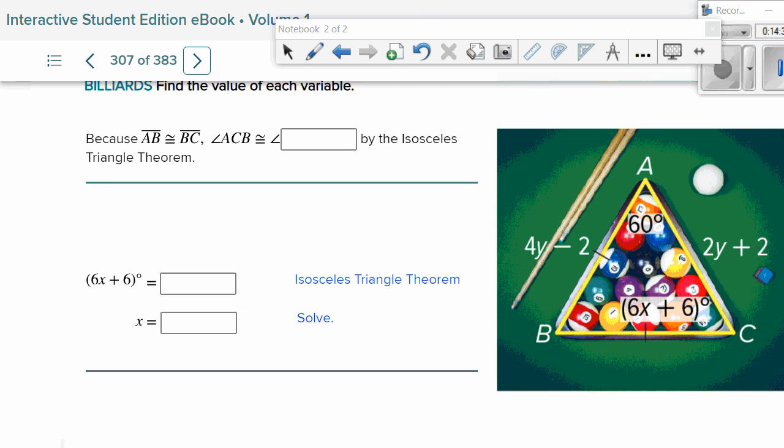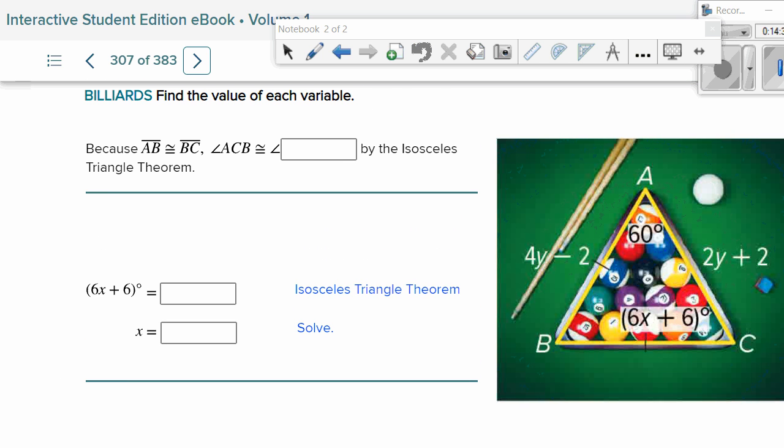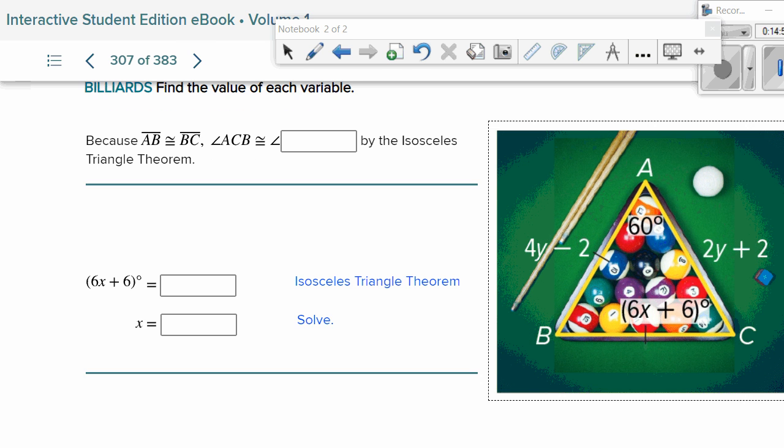Here's a billiards table, the rack to put the balls in before we get going. Now we're assuming it's an isosceles triangle. We're maybe assuming it's equilateral also. So if we're making that assumption and saying that these two sides here are equal, they're showing me that here and here.